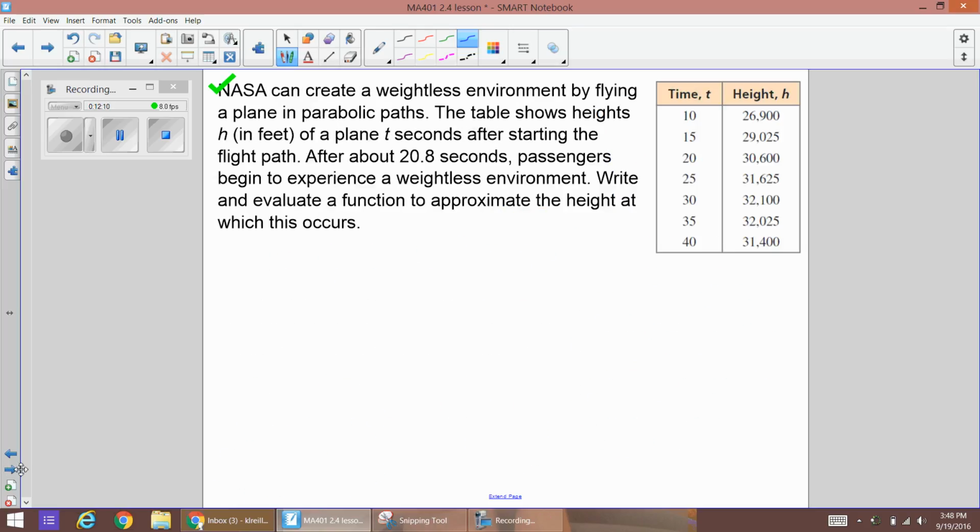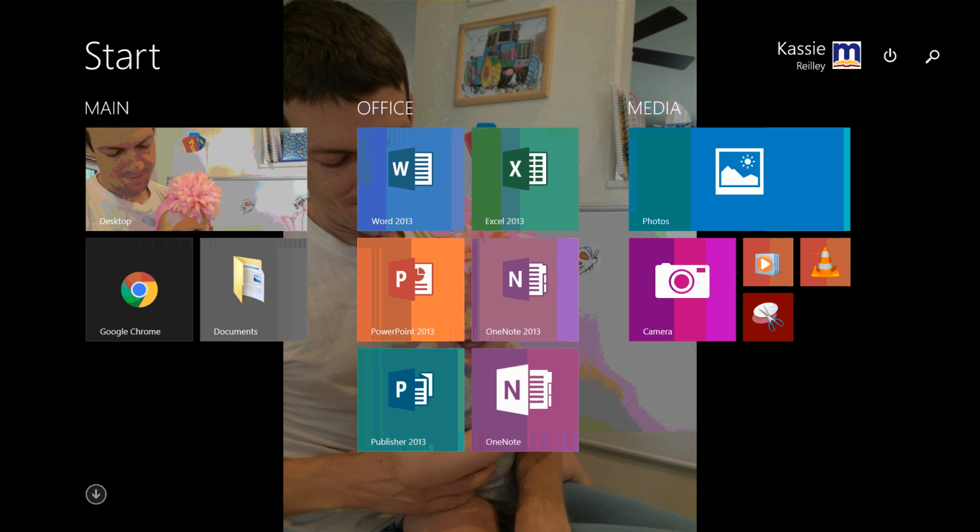Okay, our last example is when you're given either 3 points or maybe you're given a table of values. Now we have already done this in the calculator with our stat plots for lines and done linear regression, but now we're going to do it for our quadratics. So you're going to go ahead and put this in your calculator. Let me get the camera.